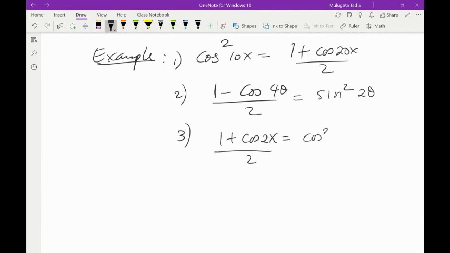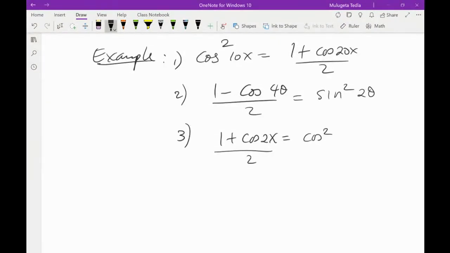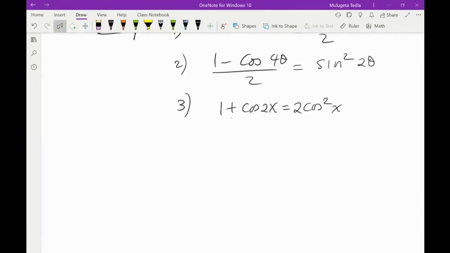Cos squared of... yes, the 2 multiplier, I will explain. So cos squared of x would have been, right? There was no 2. If there was a 2, the 2 will come here. So 1 plus cos 2x is equal to 2 cos squared x.